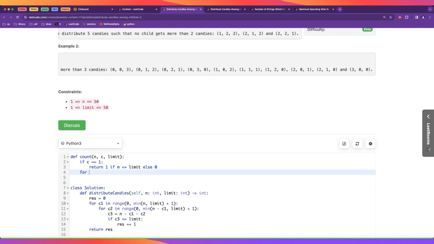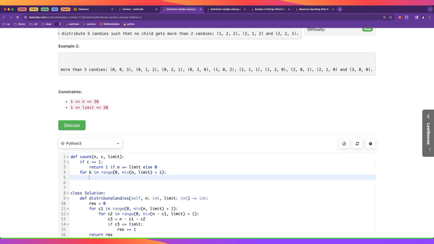And then we want to go from, again, 0 to the minimum between n and limit. And for each of them, we want to count, but we have to subtract the ones that were given to the current child. And we now have one less child, and limit is always the same.